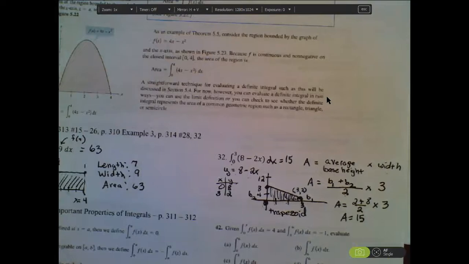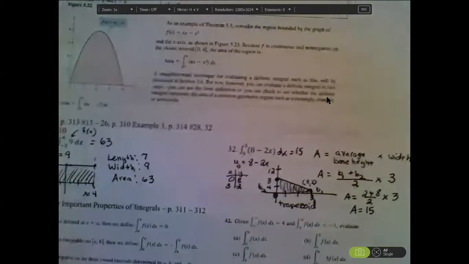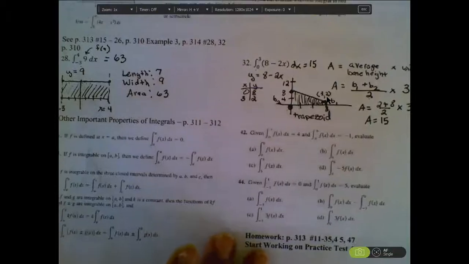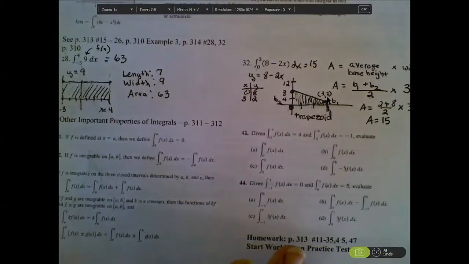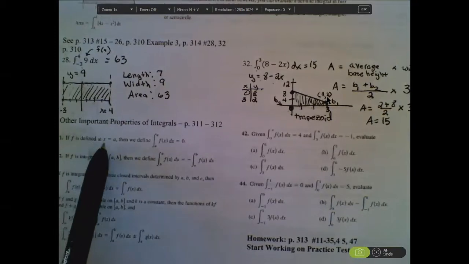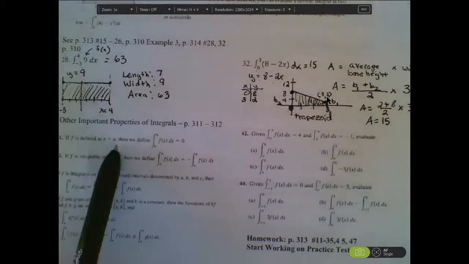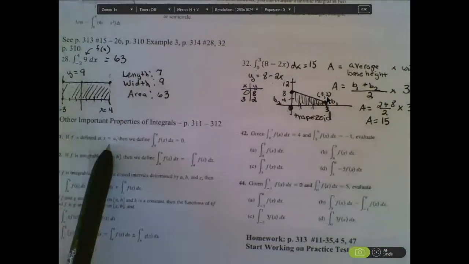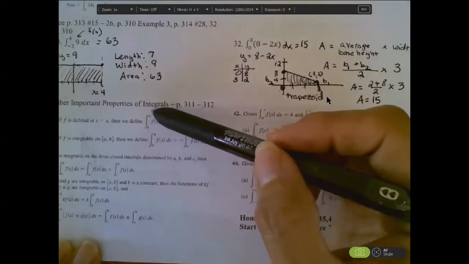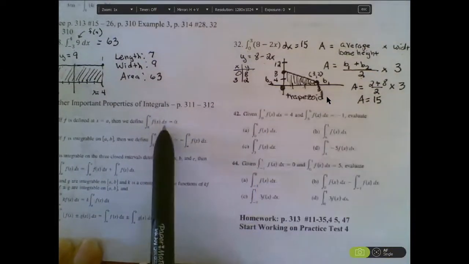All right, there's only one other thing in this section. Properties of integrals. Let's see these real quickly. If f is defined at some vertical line or some point, x equals a, then if we integrate from a to a of the function.